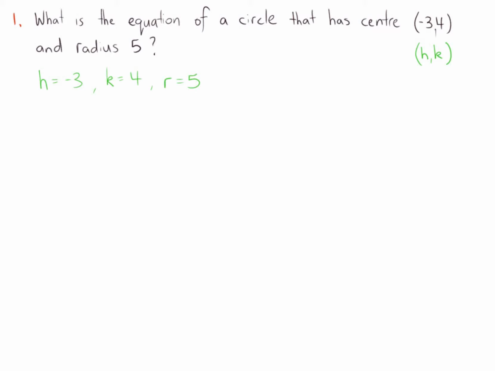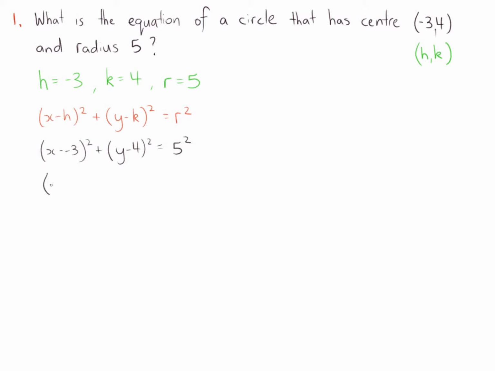Now that we have this information, we can go ahead and use the formula that we just came up with. (x minus h) squared plus (y minus k) squared is equal to r squared. Substituting in our three values, we get the following. (x minus -3) all squared plus (y minus 4) all squared is equal to 5 squared.